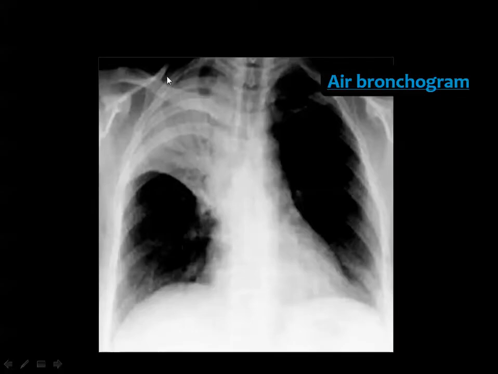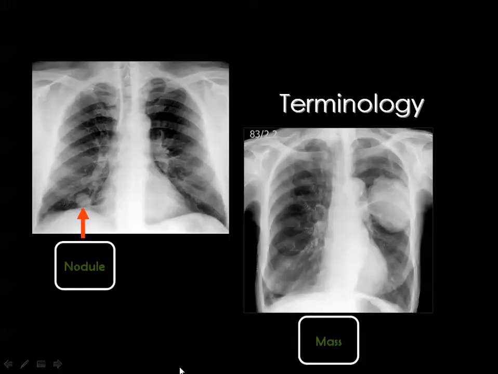Then if you see this phenomenon, you know that this opacity is of pulmonary origin, and it is of alveolar pathology, and it means that this is consolidation. And of course, pneumonia is one of the causes of consolidation and air bronchogram.